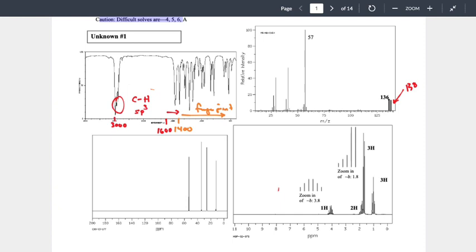IR goes through and tells you you have an oxygen, you have an OH. When you go into mass spec to calculate your formula, do you have evidence there's an oxygen? No. Not within the mass spec. Does your IR tell you you have an oxygen? Yeah. If you don't include that in calculating your formula, is your formula going to be correct? No. So what should you do? Include the oxygen when you calculate out your formula.